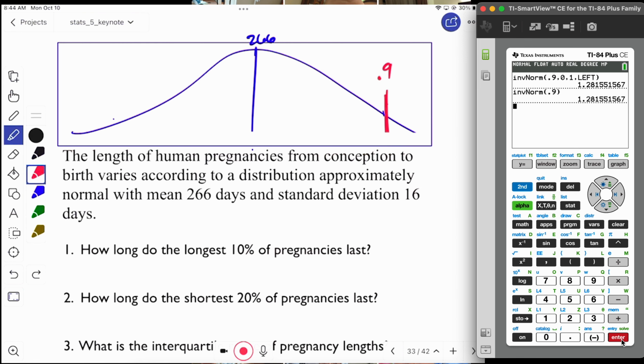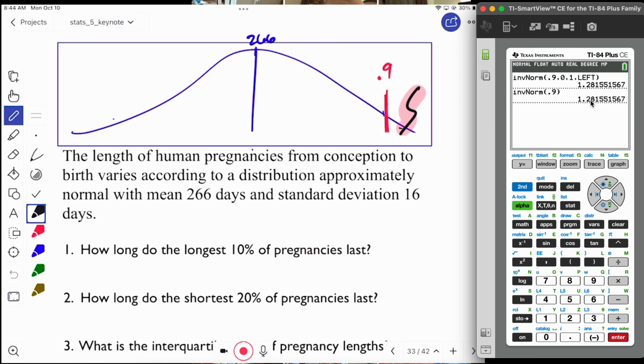So that's actually all you need. These other pieces are just kind of flexing that it can do a lot of other stuff. It doesn't matter, though, because what we want is the inverse normal. And this gives us the z value. So this has a z-score of 1.28.